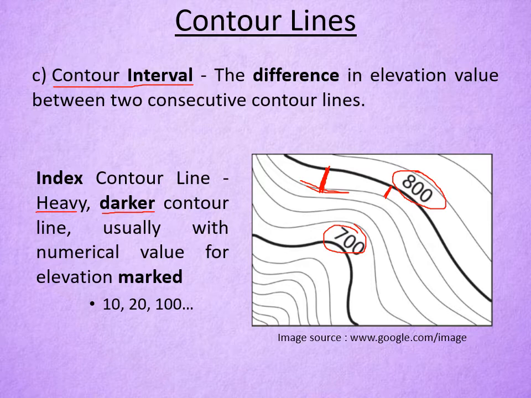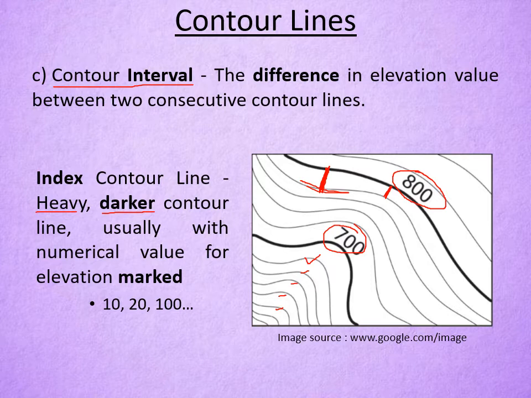If I write all the values of all these contour lines, then it is very hazy or very heavy for one to write. If someone wants to write all the values for these contour lines, for this one, this one, this one, this one, this one, it becomes very clumsy.